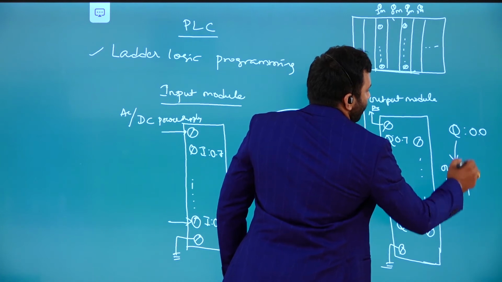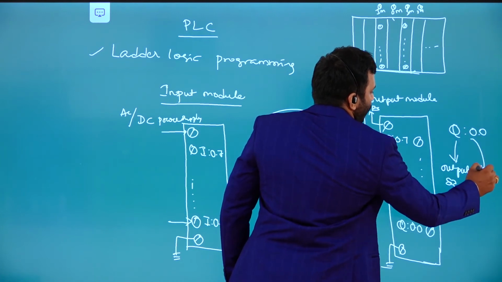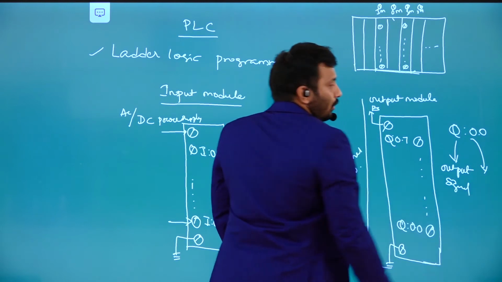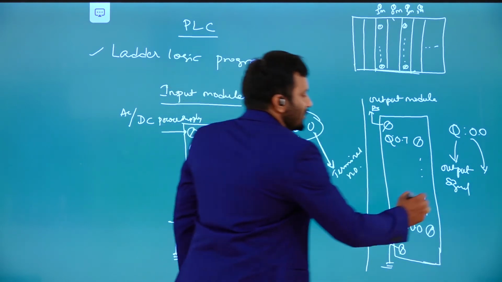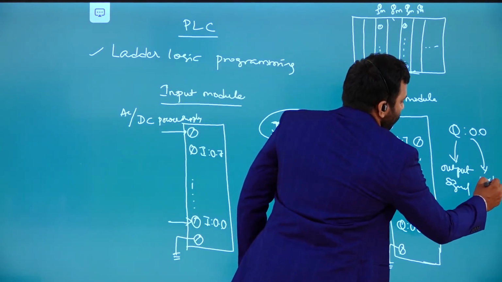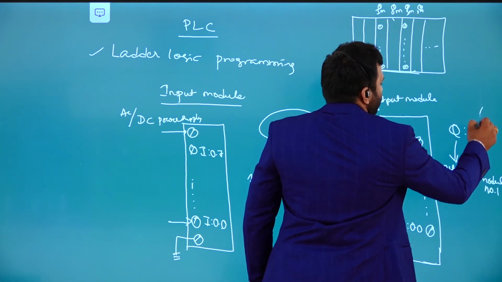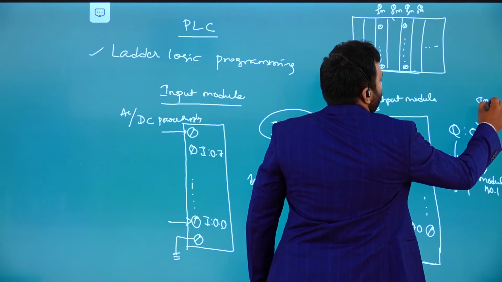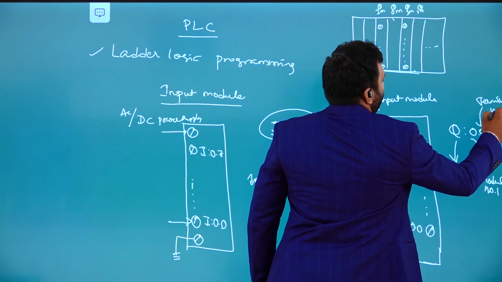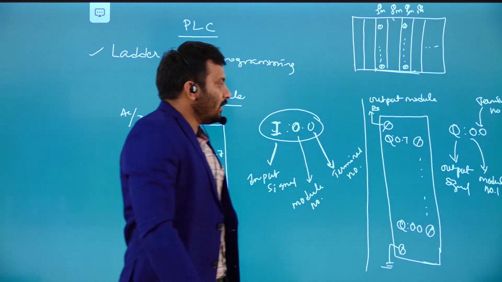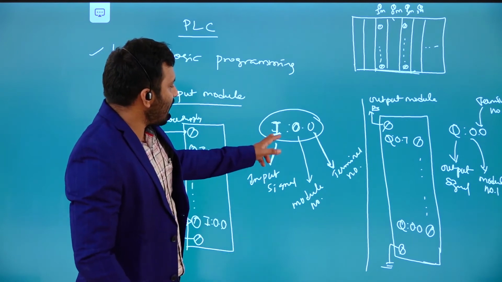So this 0 indicates output module number 1, right? And this is the terminal number.